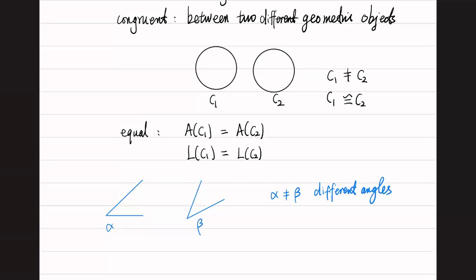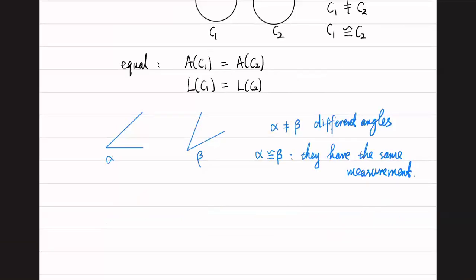If we can rotate or translate this such that the two sides overlap, then they have the same measurement. Okay.